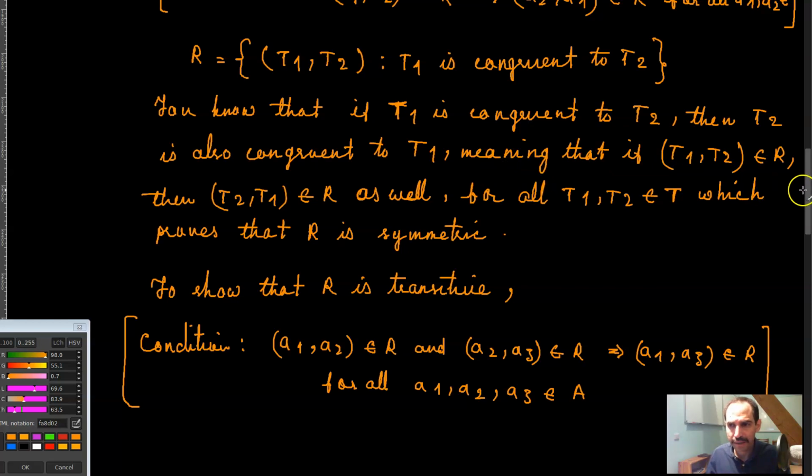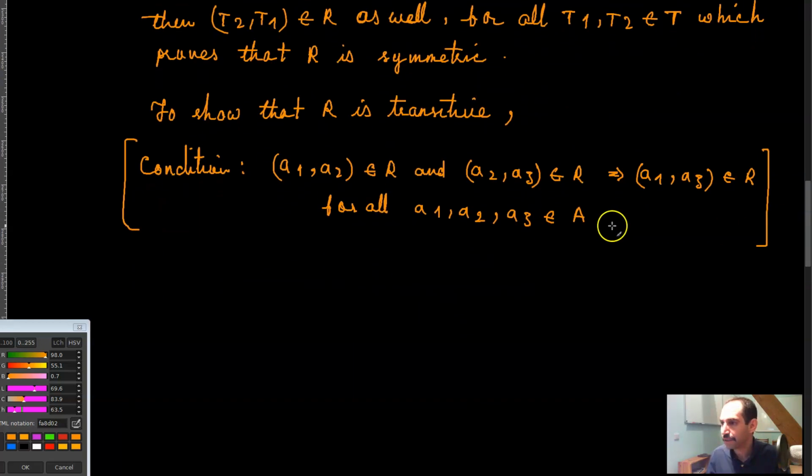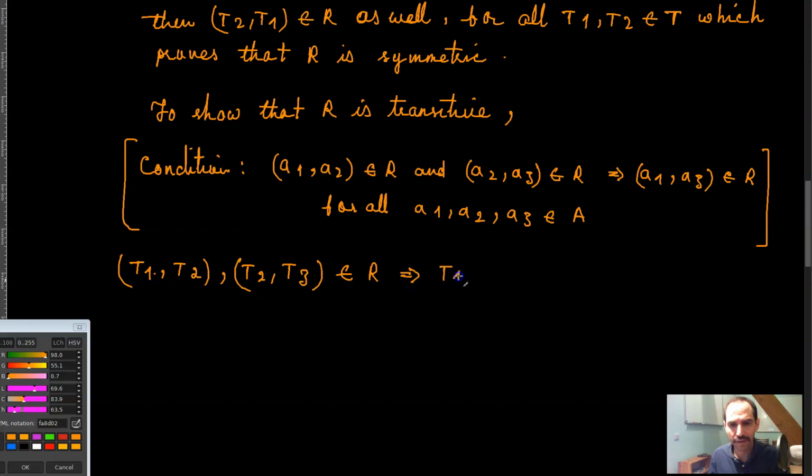So what that means is that if we have T1 comma T2 and, let's say, T2 comma T3, and these two belong to R, that implies that T1 comma T3 belongs to R, because T1 is congruent to T2 and T2 is congruent to T3.